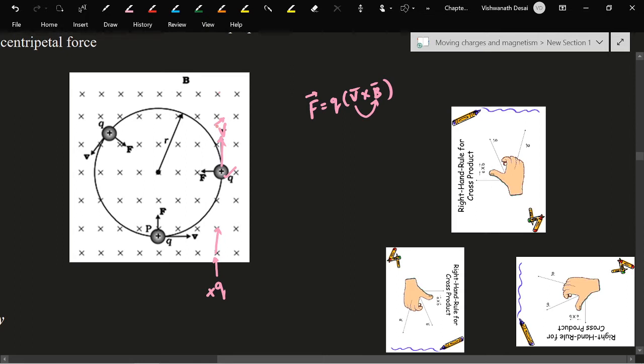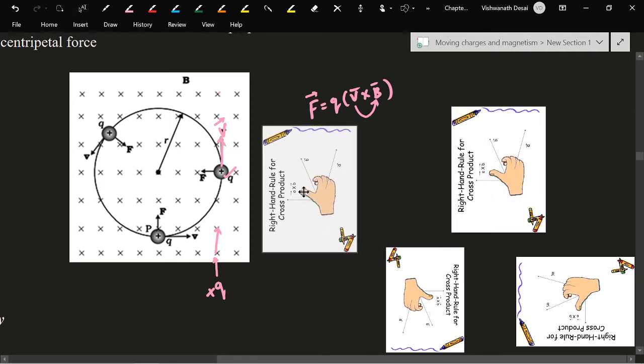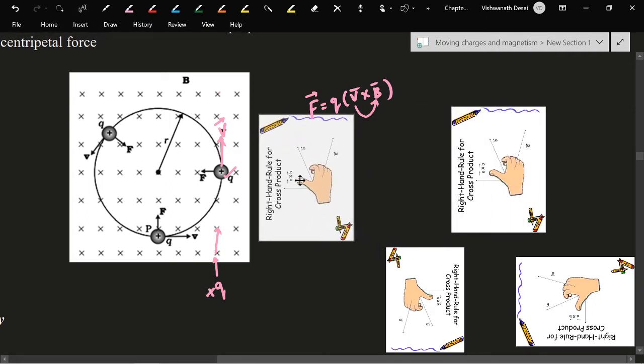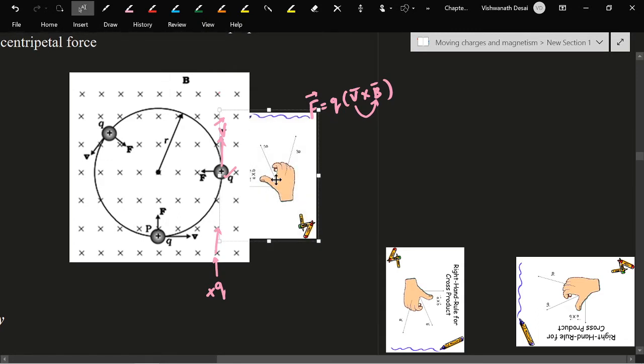For that, I have a right hand rule here. One right hand I will bring. You just see this one now. I will keep it here. I'm curling my fingers from V. V is in this direction, towards B. Where is B?